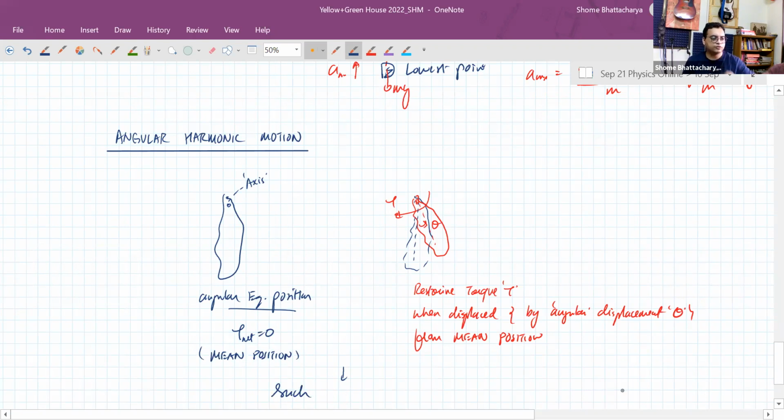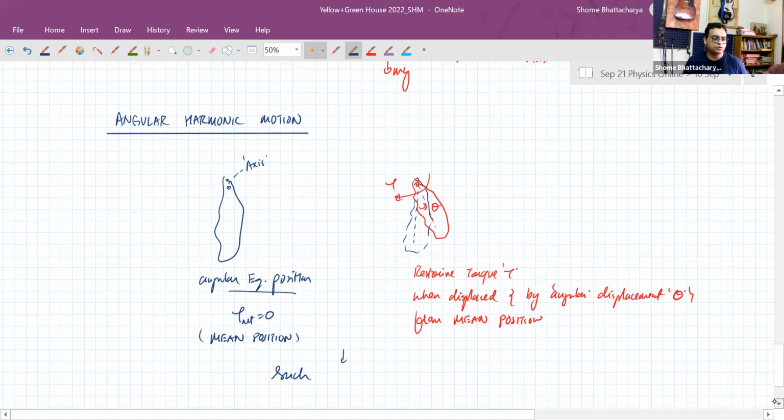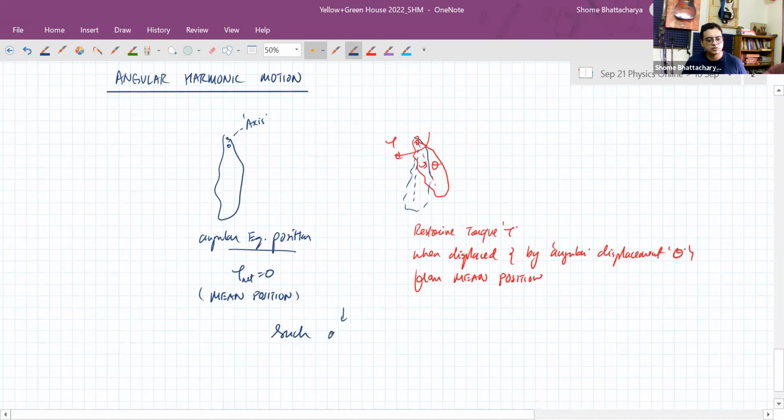That is, it will have a to and fro angular motion with respect to the mean position with fixed time period.